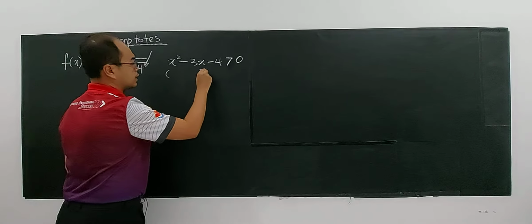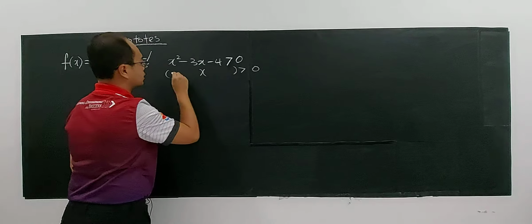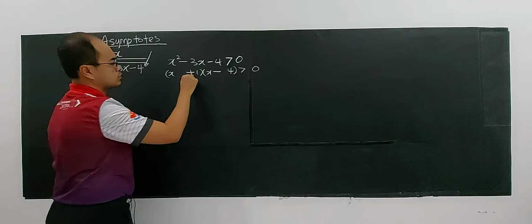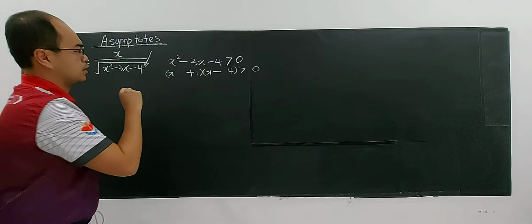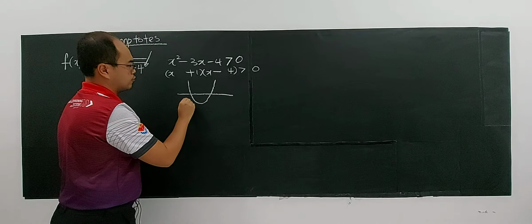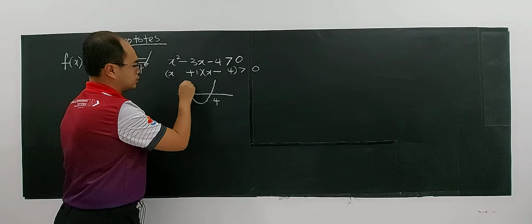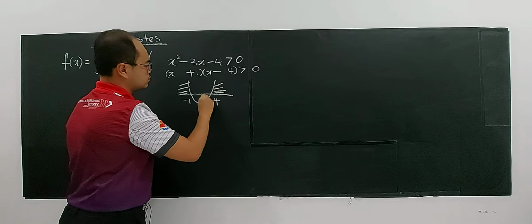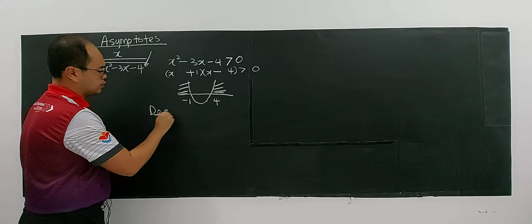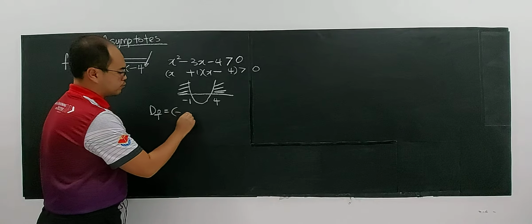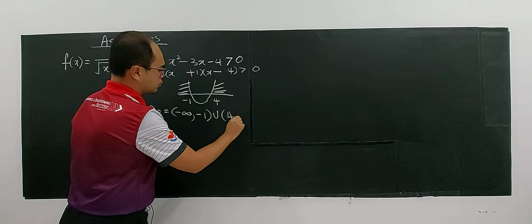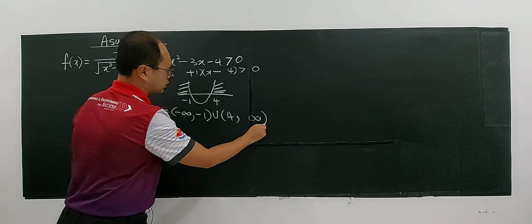As we factorize, we get x plus 1 and x minus 4. If you solve this inequality, with negative 1 and 4, greater than 0 means the domain of f is from negative infinity up to negative 1, or 4 up to infinity.